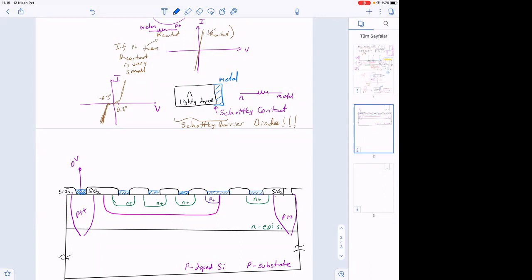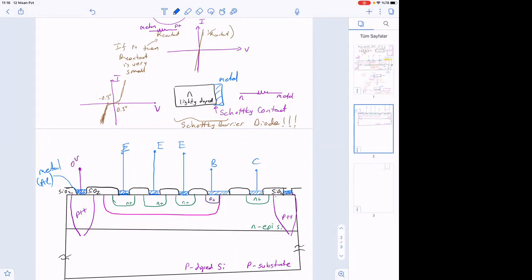Okay. So these are metal, typically aluminum. And then it gives us good contact here, ohmic contact. And this region is called emitter. This is also emitter. This is also emitter. This will be base. This will be collector.